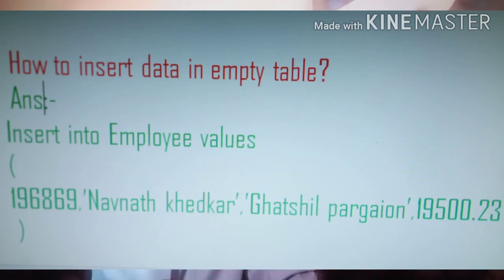After that I'm taking my address, Harshil Paragao, in single inverted commas. And after that I'm taking a salary, 19,500.23 rupees.